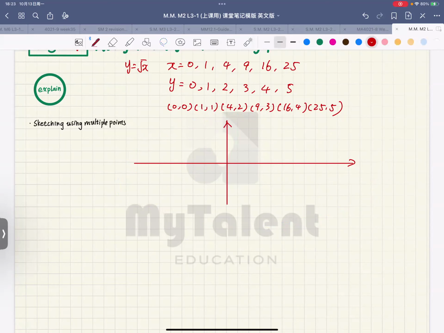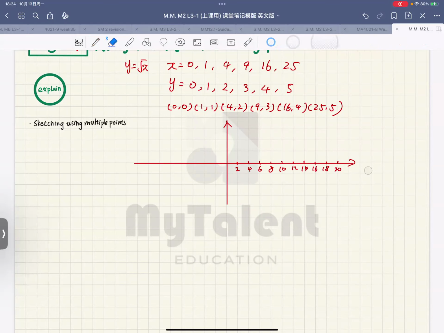Let's say that's 2, 4, 6, 8, 10, 12, 14, 16, 18, 20.